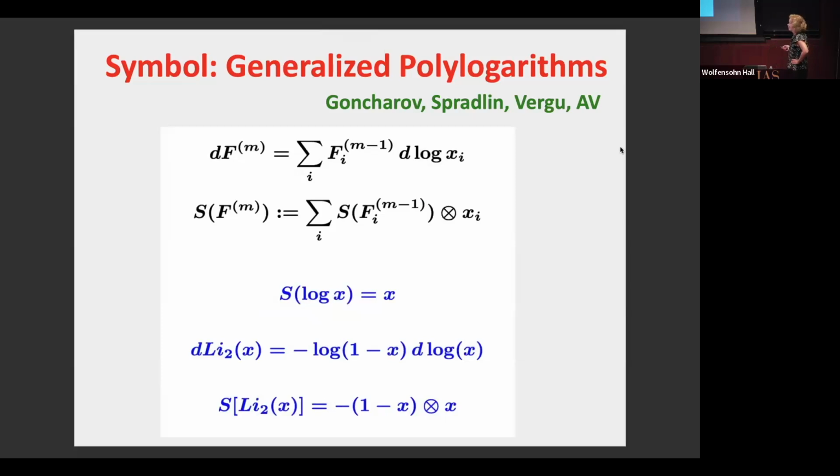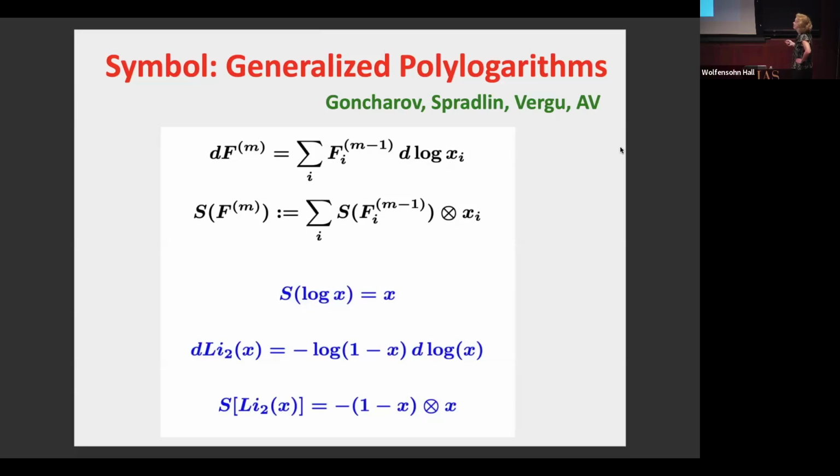Now let me tell you what the symbol of Li2 is. You know that the derivative of Li2 is minus log(1 minus x) d log x. So I define the symbol of Li2 as the argument of this log, tensor product, the argument of that. That's how you do it recursively.